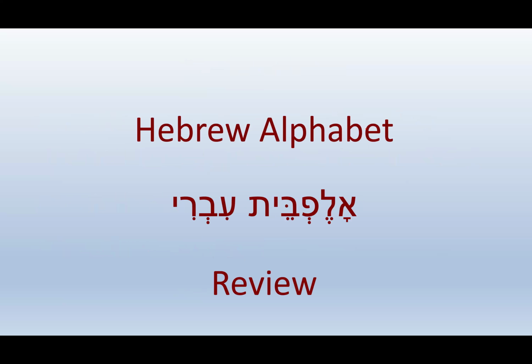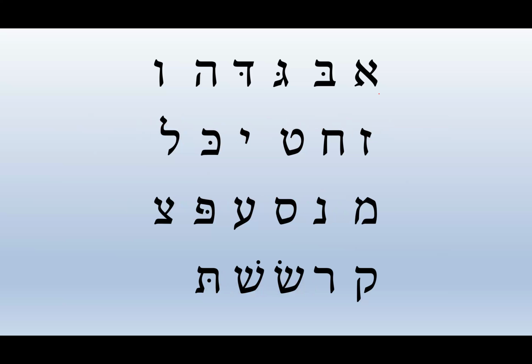So let's do an alphabet review. Alphabet Ivri. And we'll just go through this. Aleph. And you can say it with me. You don't have to unmute or anything, but you can just say it with me while we're on together here.